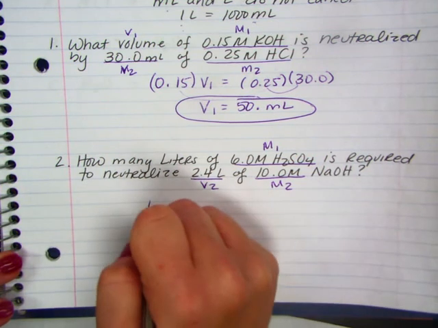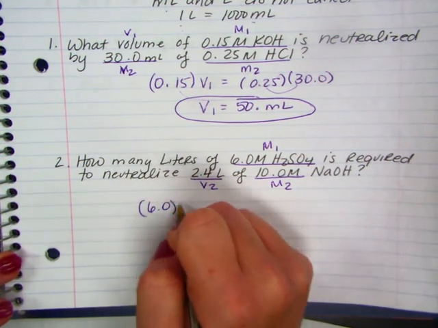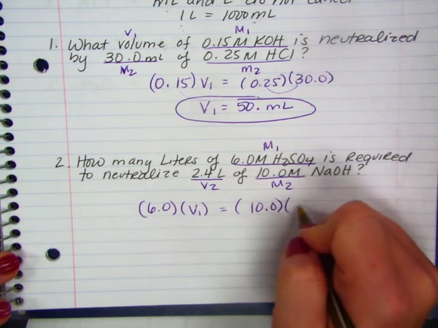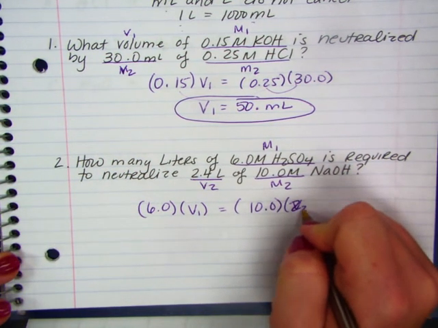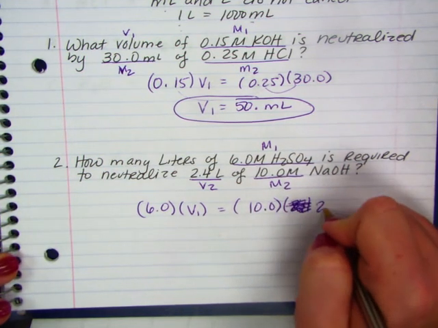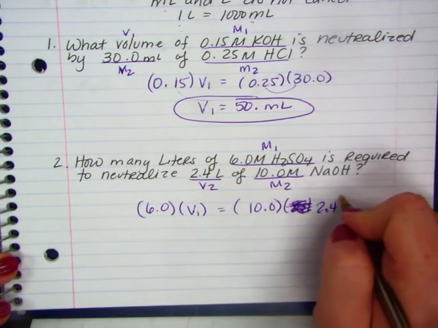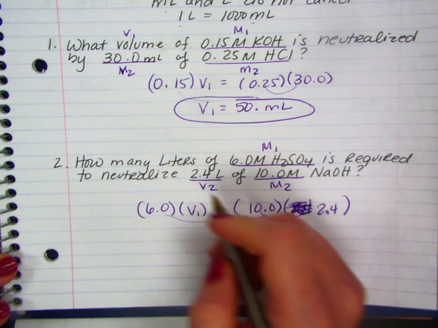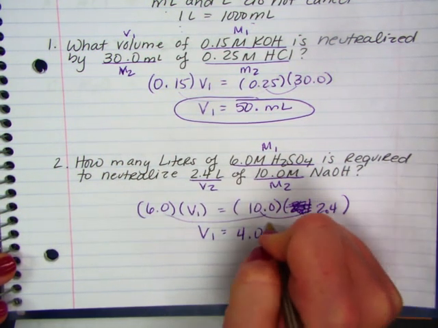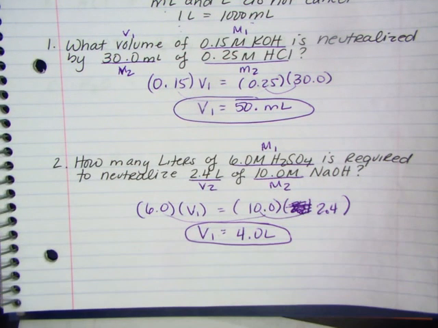Okay, I'm going to set up 6.0 V1 equals 10.0 times 2.4. Multiply, divide, that gives me a V1 of 4.0 liters. Okay, easy as pie.